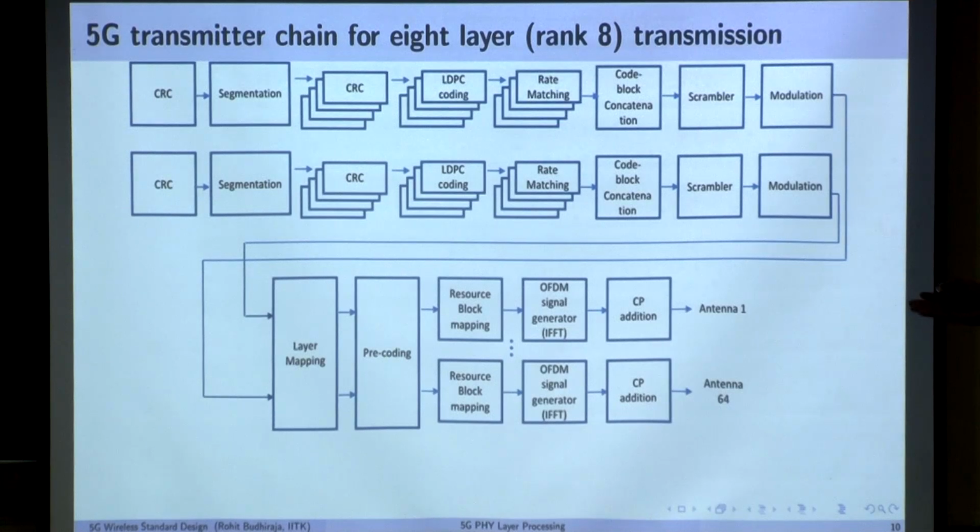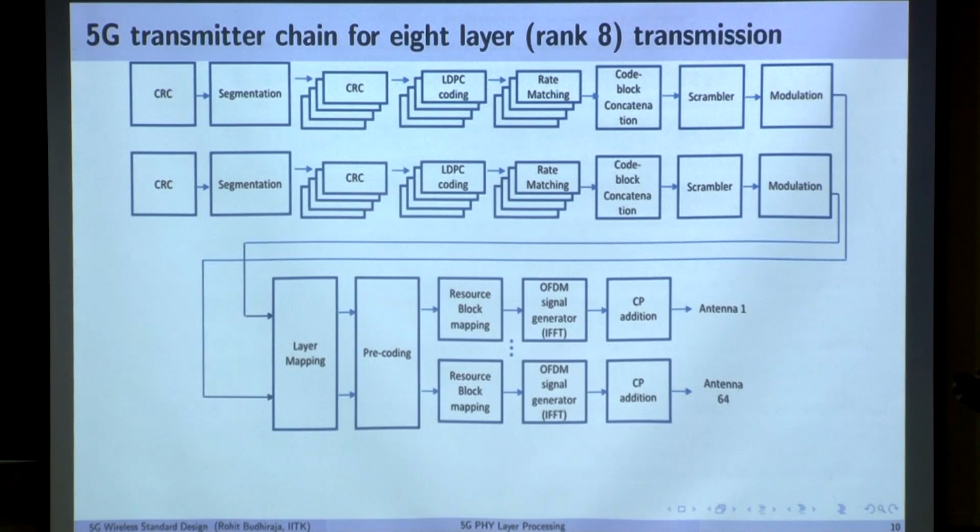What happens? Again, this is the same example, the transmit processing chain. You have the first transport block and the second transport block. Whatever processing you do here, the same processing is happening here. You have to keep in mind that the MCS of this transport block could be different from the MCS of this transport block.